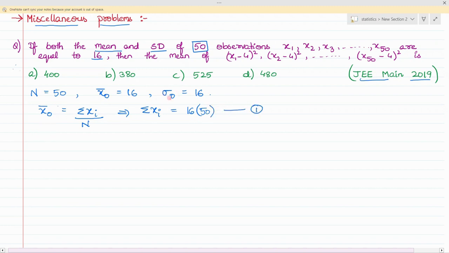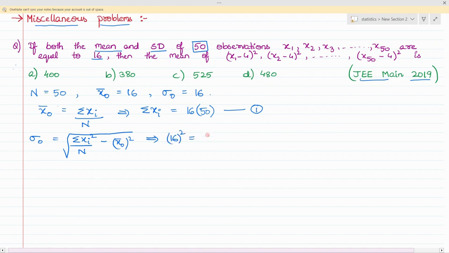Next, let's use the standard deviation formula, that is root of sigma xi square upon n minus original mean whole square. This is equal to the original standard deviation, 16.